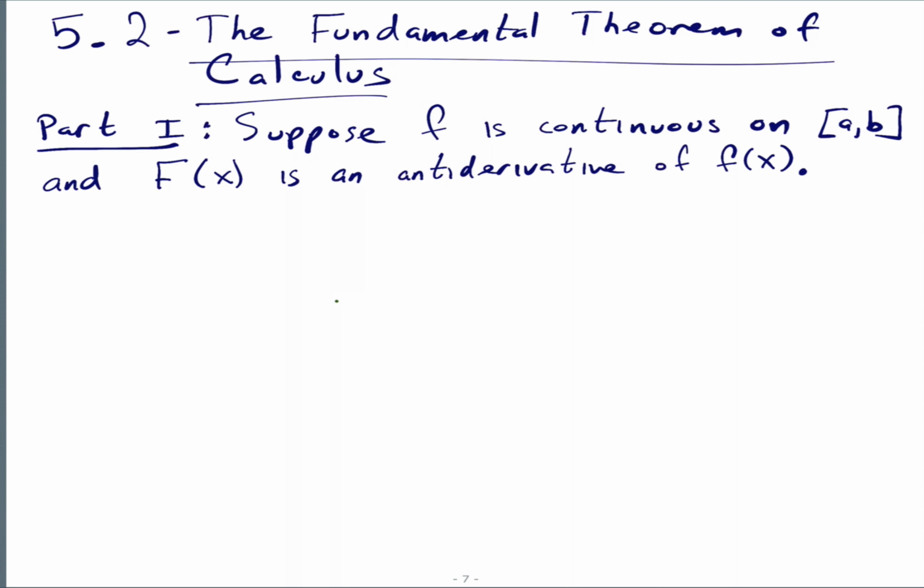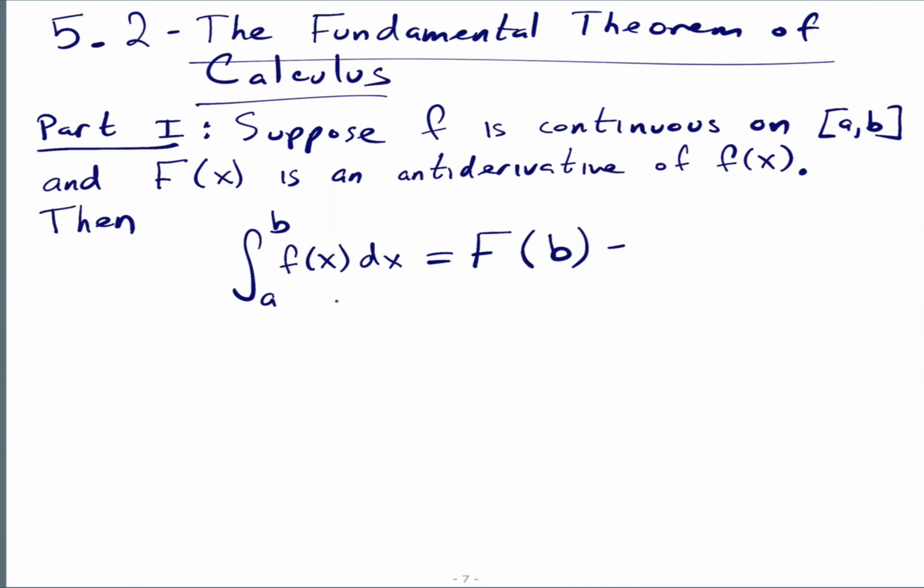Do we know how to find antiderivatives? Okay, good. Then the integral from a to b of f of x dx is equal to capital F, which is what? The antiderivative, evaluated at b, minus capital F, the antiderivative, evaluated at a.